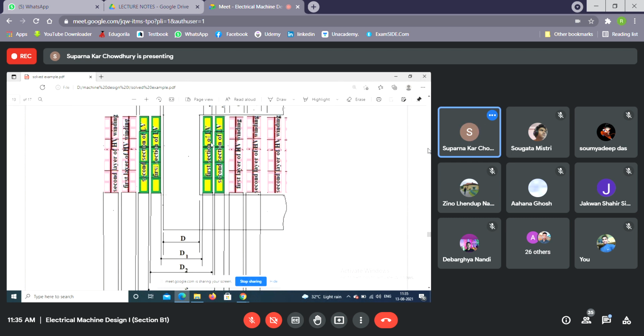That is, I have assumed that the LV winding has been arranged in two sections. Then the HV winding is also a helical winding which has 4 layers per limb, that is 1, 2, 3, 4, but arranged basically in two sections.